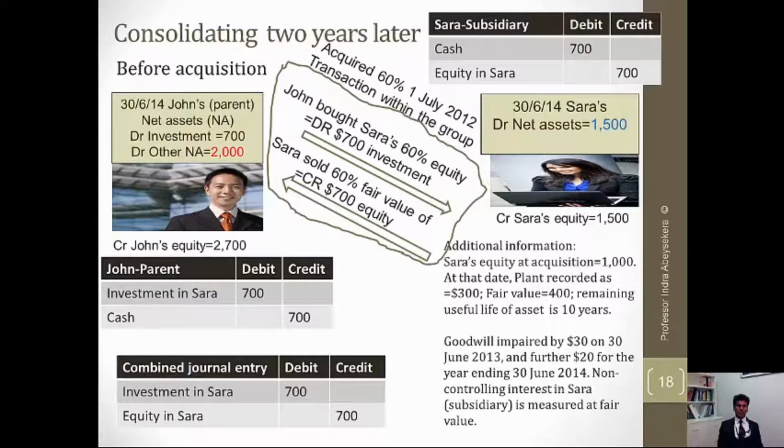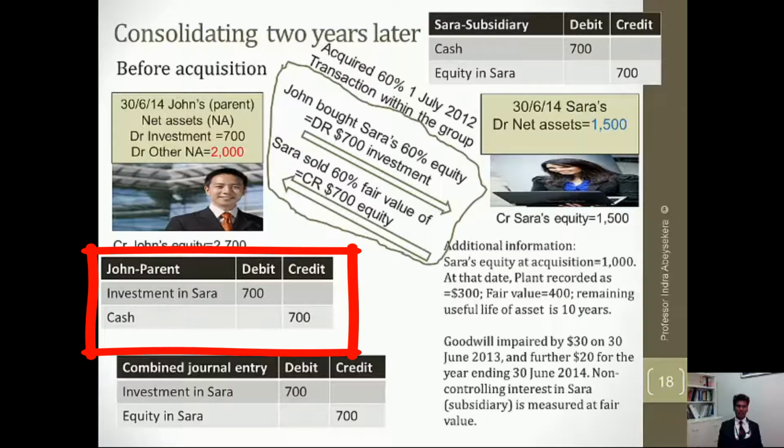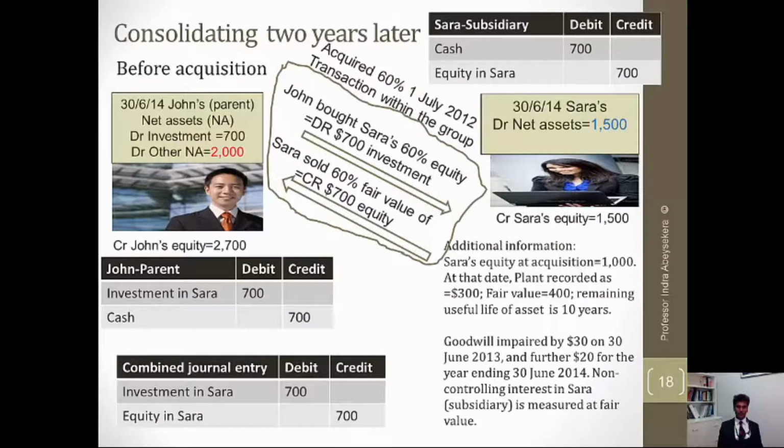John made a journal entry, debit investment in Sarah $700 and credit cash $700. Sarah's company made a journal entry, debit cash $700, credit equity in Sarah $700.